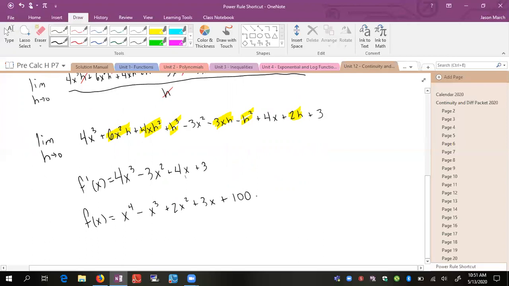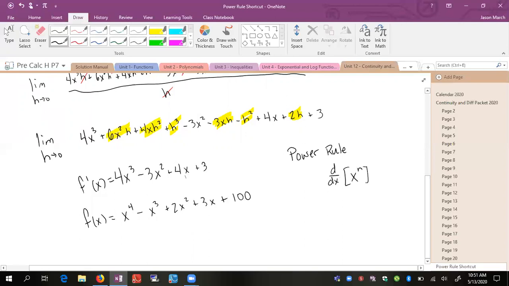Is the shortcut basically the derivative is, okay, so for example, it's 4x to the third, so you just put the 4 next to the x to the third, and then you put the 3 next to the x squared, and you put the 2 next to the x, and then you just put 3 by itself, right?